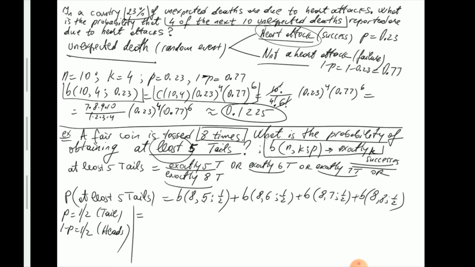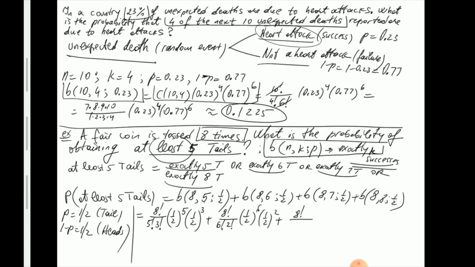I'm going to just write down the formula, the factorials, for each of them, and then run the calculator and see if you get the right answer. So the combination, let's do it directly: 8 choose 5, that's 8 factorial over 5 factorial 3 factorial, times 1 over 2 to the power 5, times 1 over 2 to the power 8 minus 5, which is 3. Then 8 factorial over 6 factorial 2 factorial, 1 over 2 to the 6, 1 over 2 to the 2.